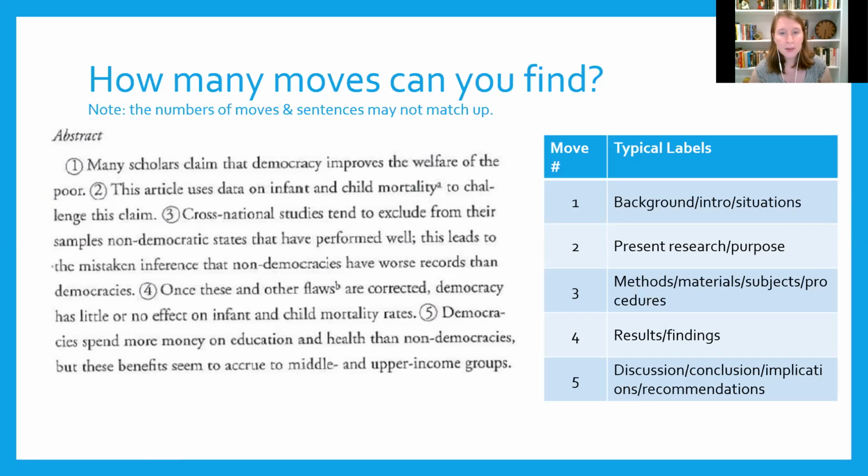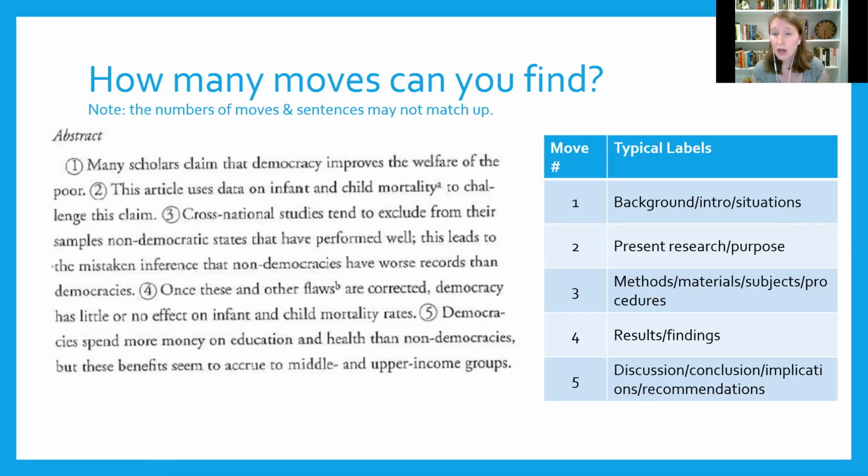It's hard. We're not given specific methodology information, but we are given some hints about how they're looking at their data. So for example, sentence number 2 says they're using data on infant mortality, although we don't know in what way they're using it. And then in sentence number 4, it says once these and other flaws are corrected.